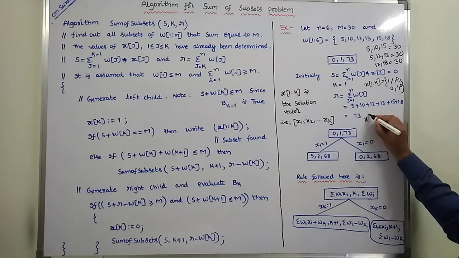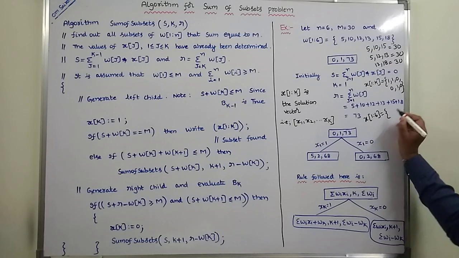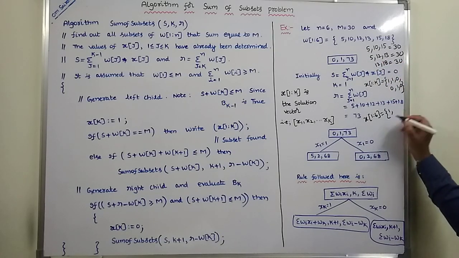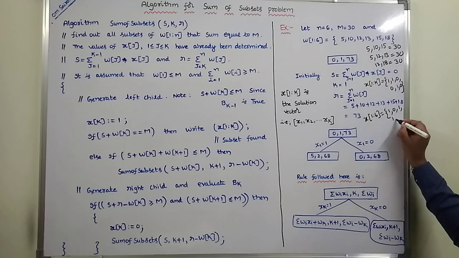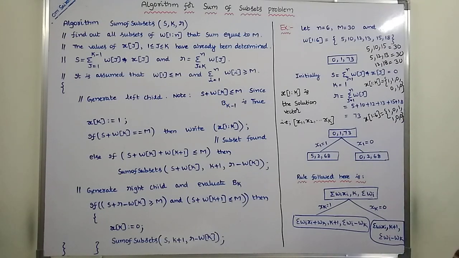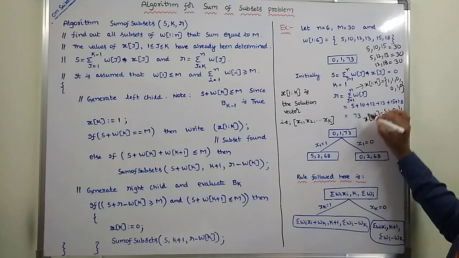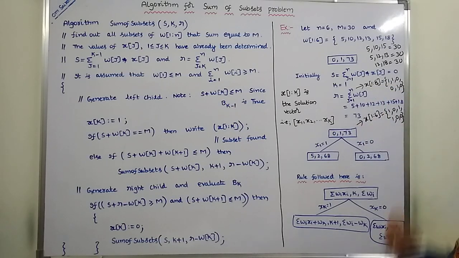Next, x of 1 to 6 is equal to: first object weight is considered, second object weight is not considered, third object weight is considered, fourth object weight is considered, fifth and sixth object weights are not considered. This is another solution.